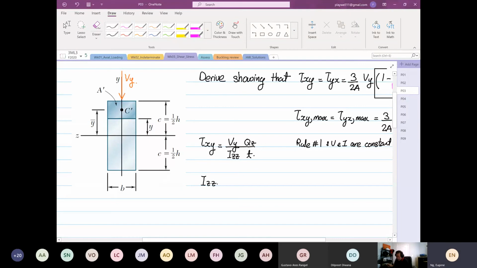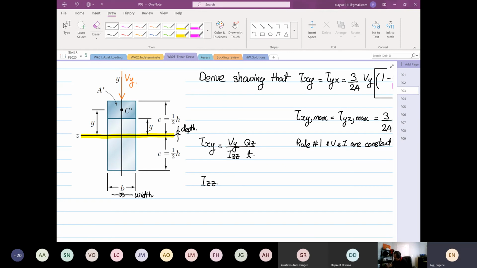So next we're going to find Izz. Okay. So what is Izz equal to? So this is our zz direction, right? So anything that is parallel to the zz axis is known as our width. Anything that is perpendicular is our depth, right?